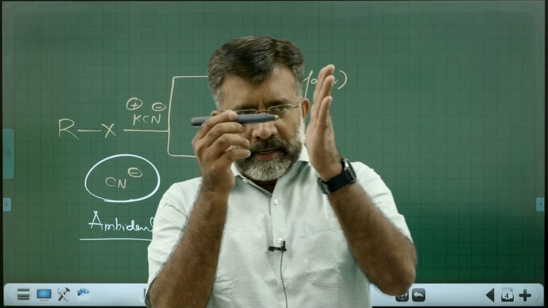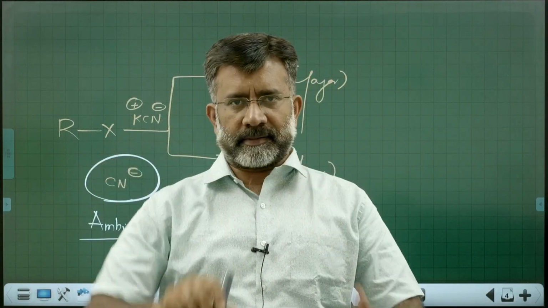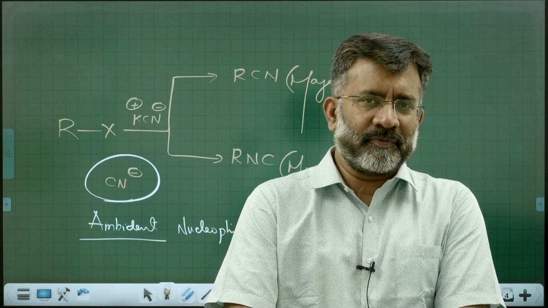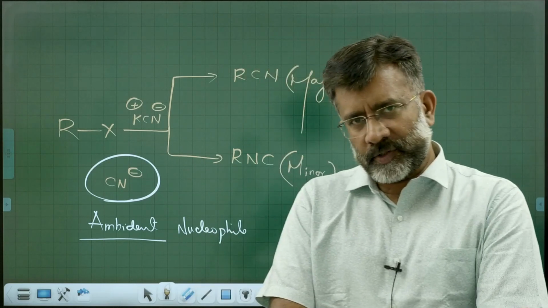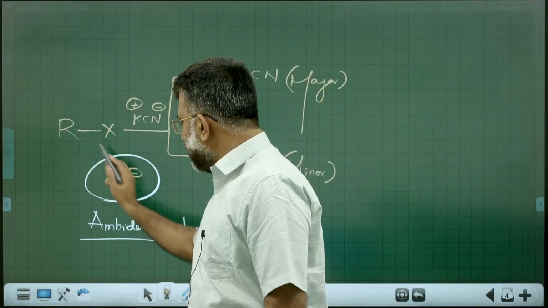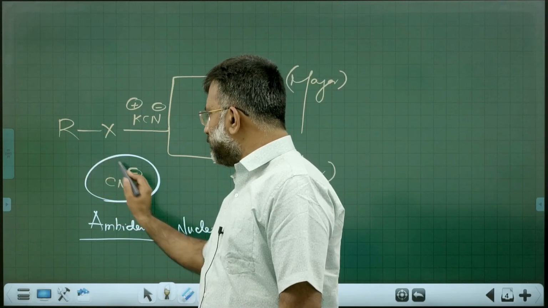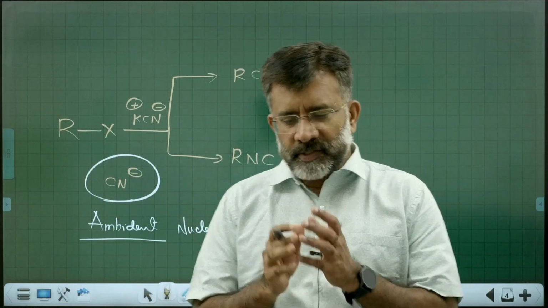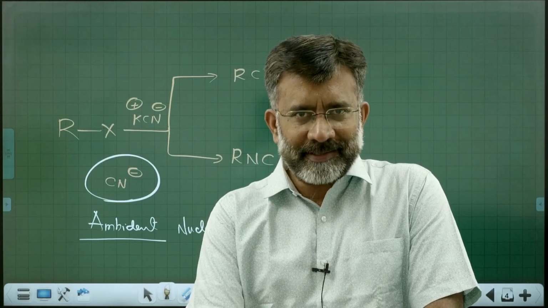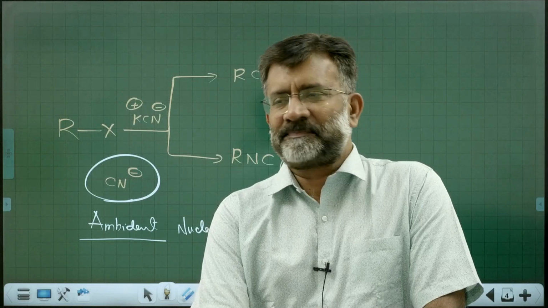It may bind like this or it may bind like this. There are 2 polyvalent atoms in that nucleophile, that is carbon and nitrogen. It may bind with the carbon, or it may bind with the nitrogen. Such a nucleophile is called an ambident nucleophile, right? Hope you remember.